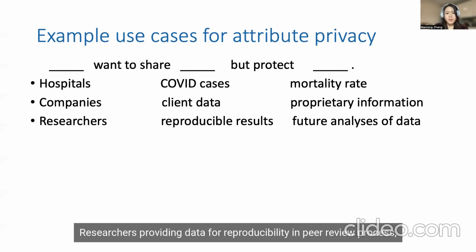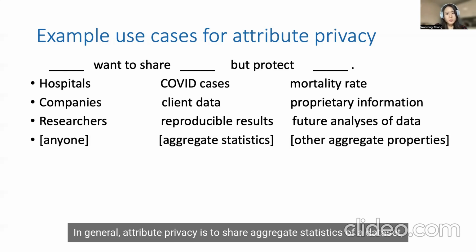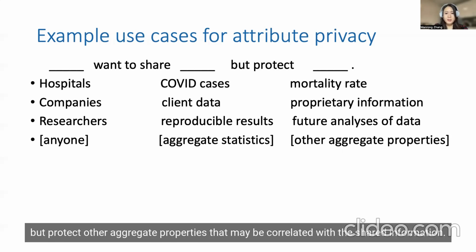And researchers provide data for reproducibility in the peer review process, but don't want other researchers to perform new analysis on the dataset. In general, attribute privacy is to share aggregate statistics of a dataset, but want to protect other aggregate statistics which may be correlated with the shared information.